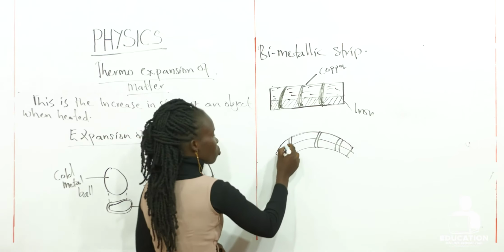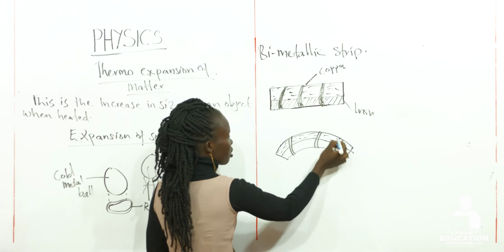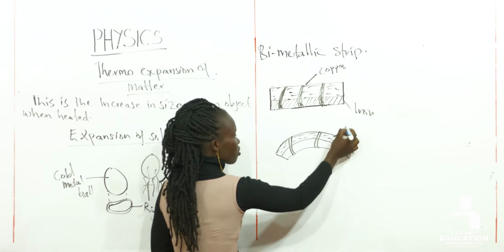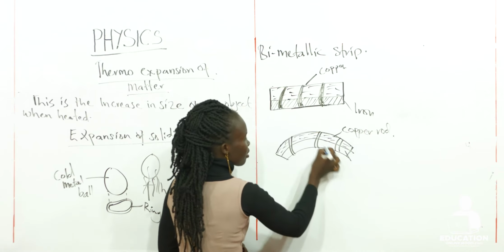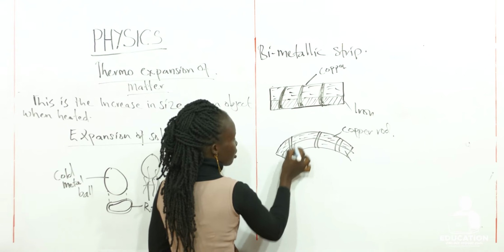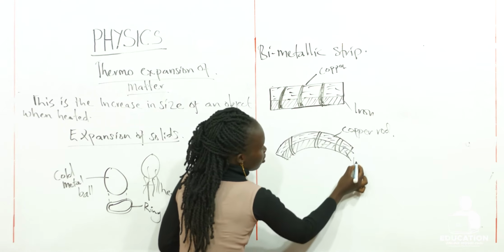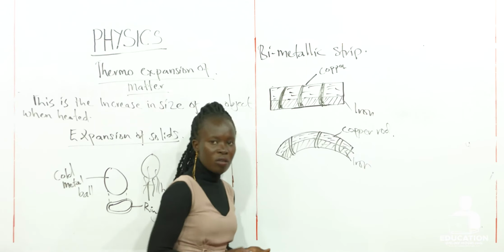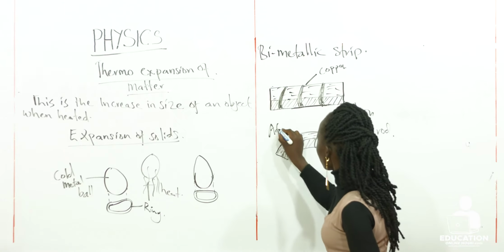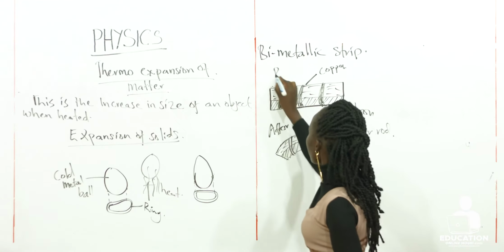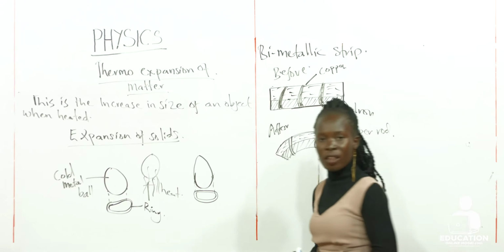So this one here on top is still the copper rod, and then this is the iron rod. So look at the shape after heating. This is after, and this was before heating. Look at the two shapes. There was a change in the shape.